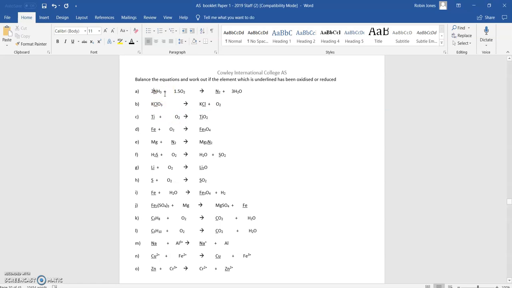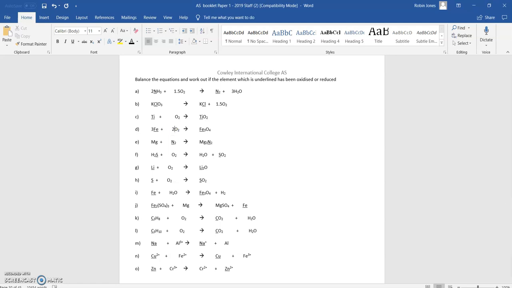So you can just balance them at the end and you're not going to mess up your answers for anything. Let's just put, say for example, 3 there, so I need 1.5 oxygens, and I'll do one more. That one is already balanced. 3 of them, 2 of them, and you can go down and balance them.